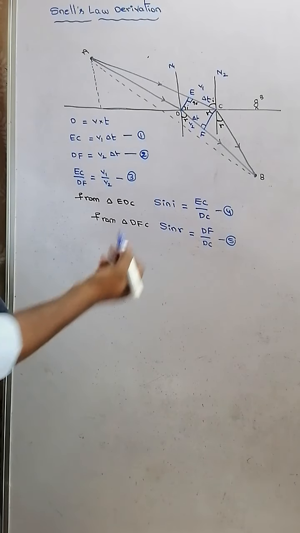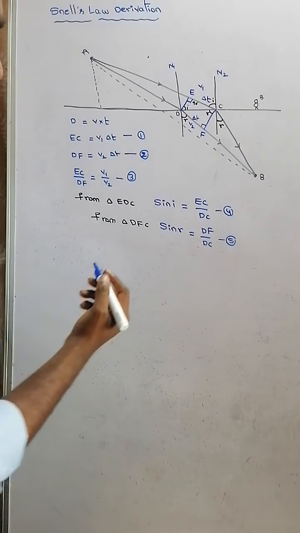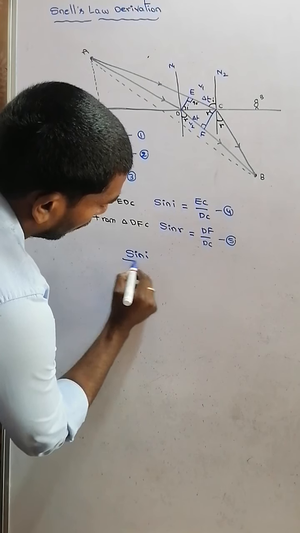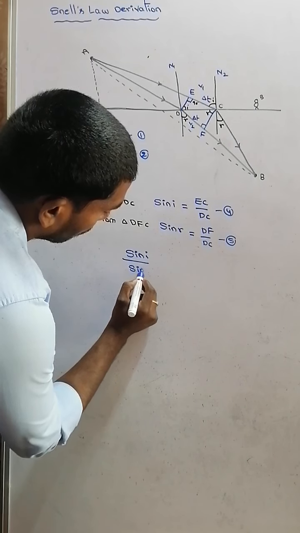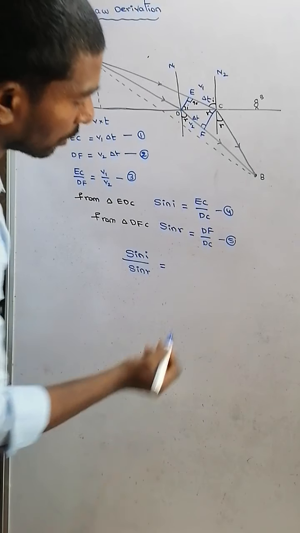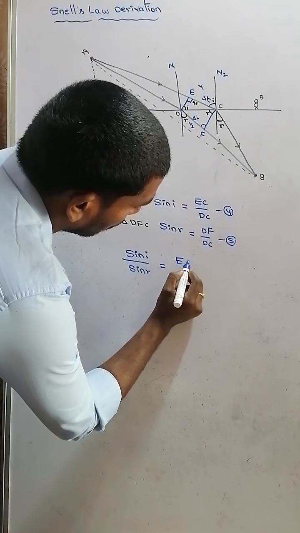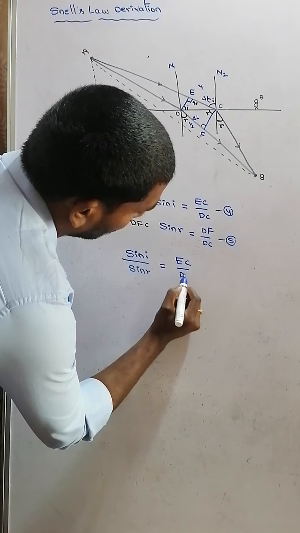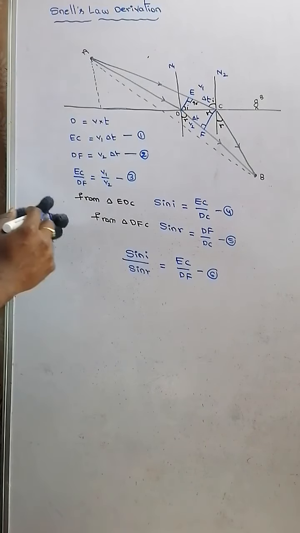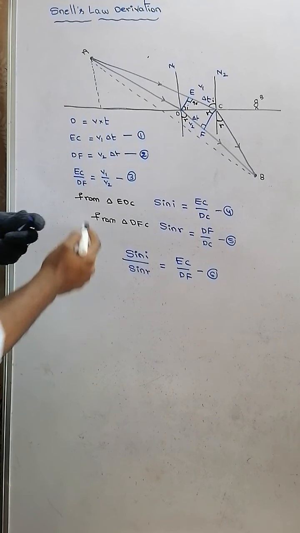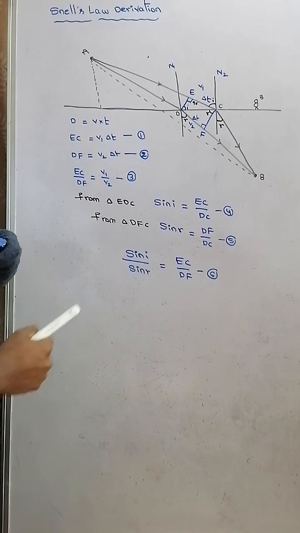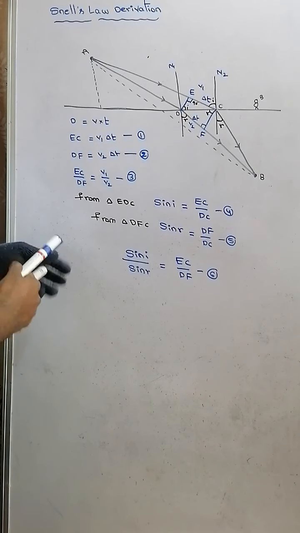From equation number 4 and equation number 5, we can calculate the sin i by sin r value. Sin i by sin r equals, from these two equations, DC gets cancelled out, then what we get is EC by DF. It's equation number 6. Now we already know from equation number 3 that EC by DF is nothing but v1 by v2. Now substitute that value.